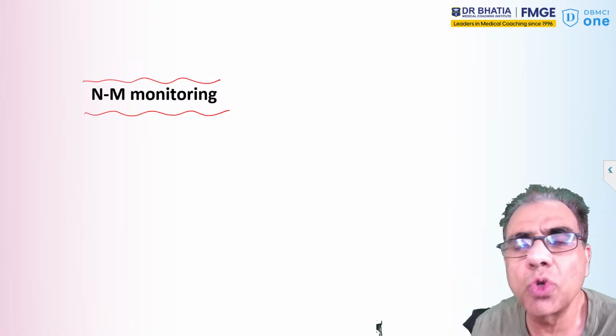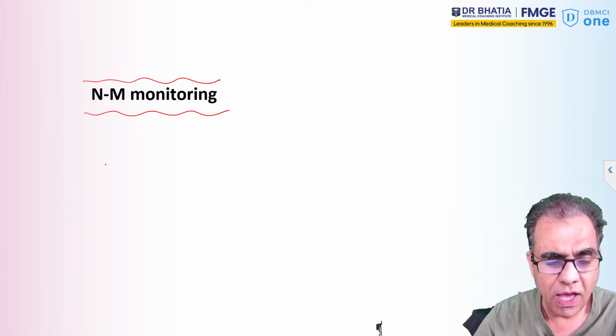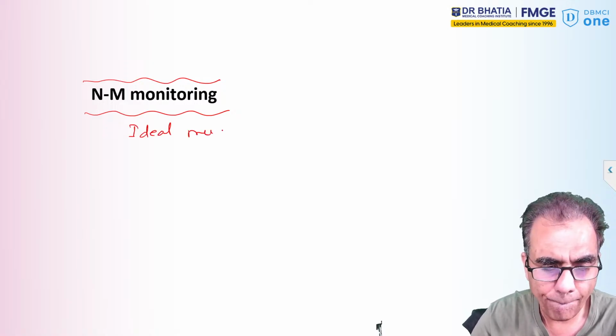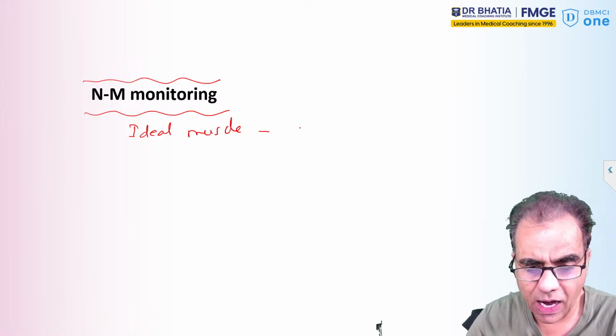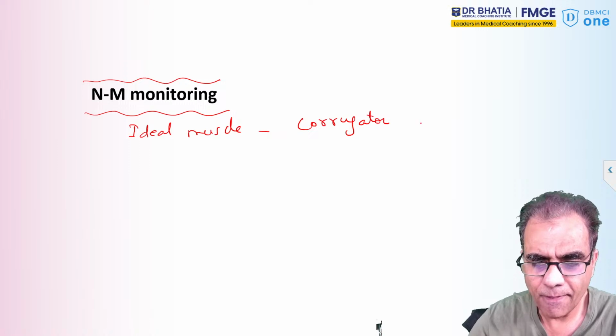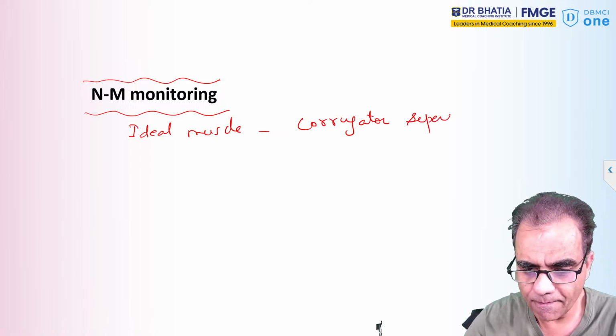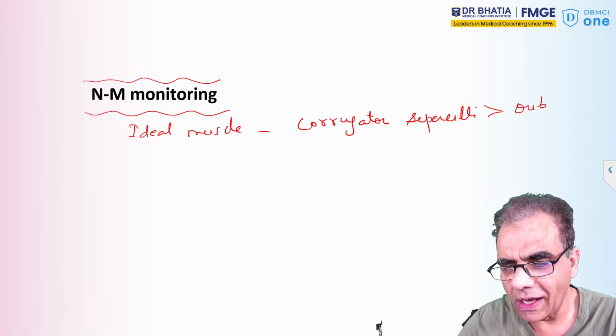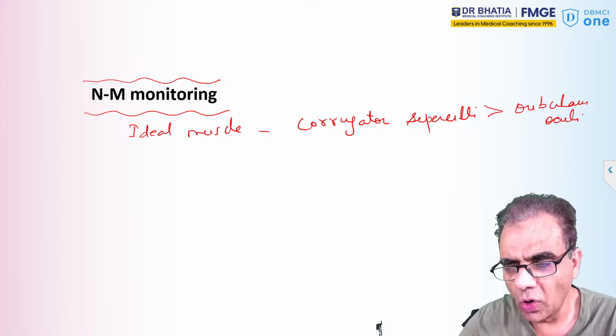So what you need to know in neuromuscular monitoring is that the ideal muscles for monitoring are corrugator supercilii or orbicularis oculi.